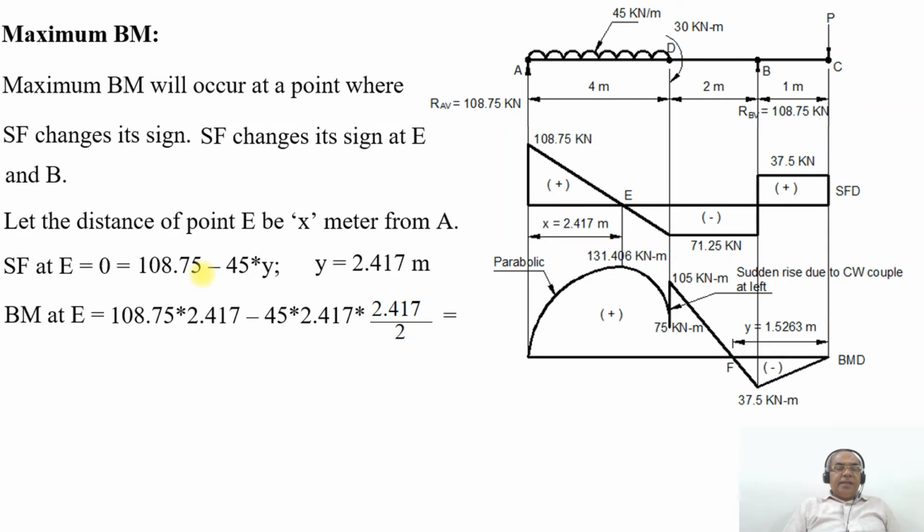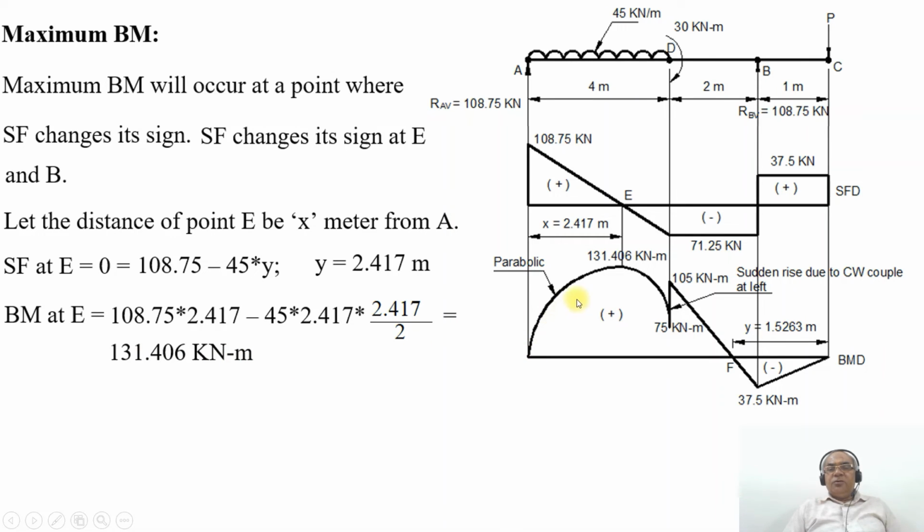We will take it as Y. It will be 108.75 into 2.417 minus 45 into 2.417 into 2.417 by 2. On simplification, you are going to get 131.406 kilonewton meter.